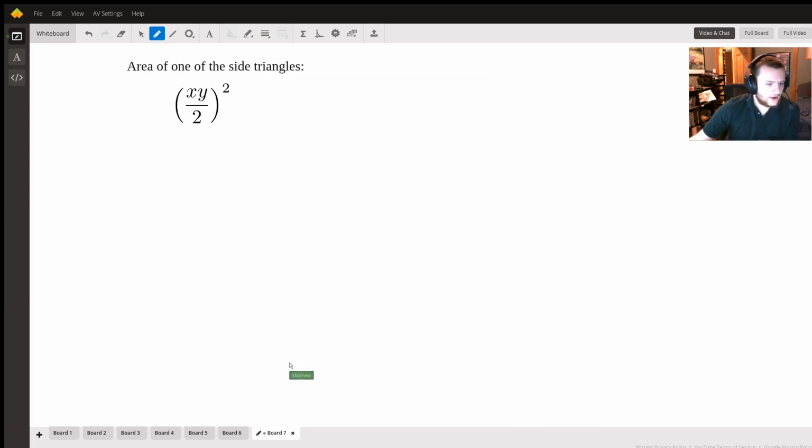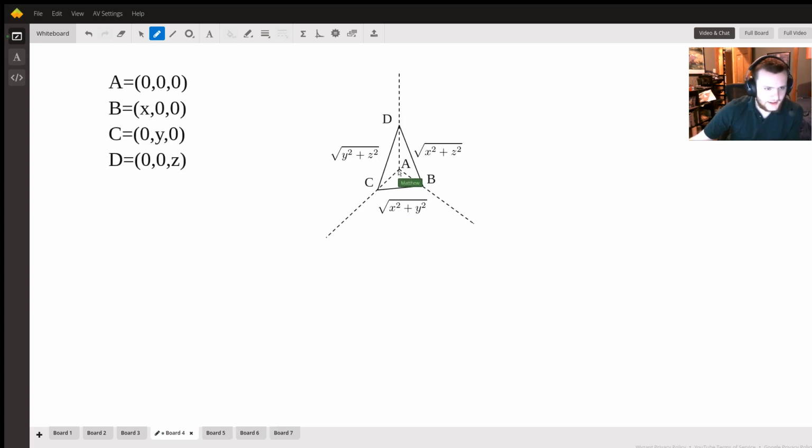But we'll notice that the area of one of the side triangles, if we look at this triangle here, ABC, is x times y divided by 2, because it's half of a square to get the triangle.